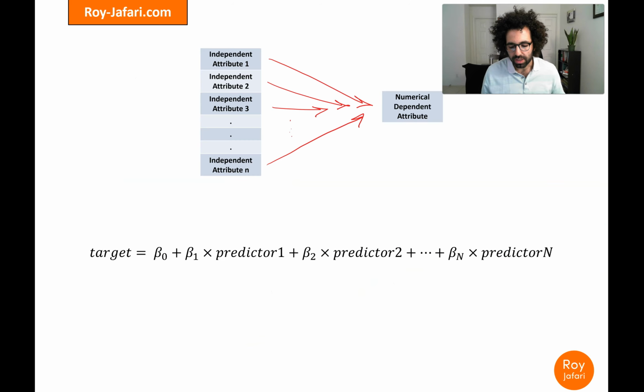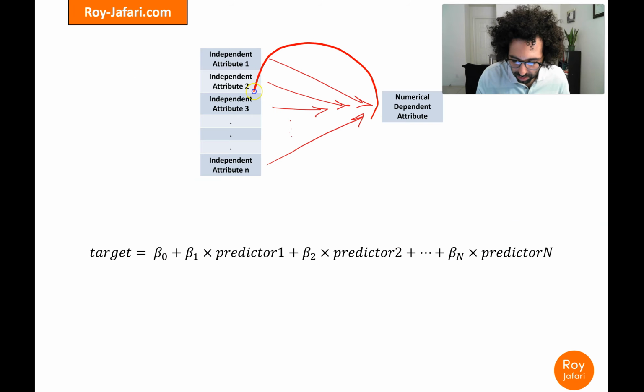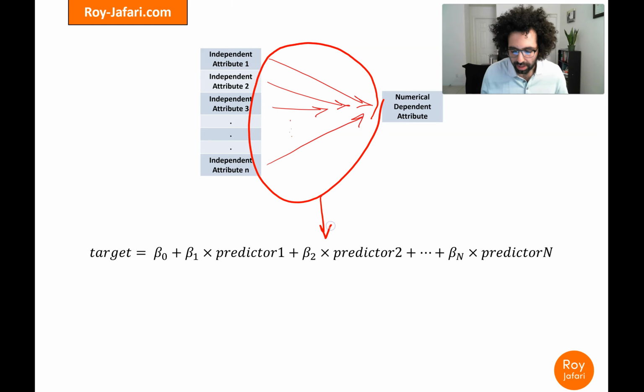We did see that this connecting is done by an equation, and when we do a linear regression, our equation is going to be linear.